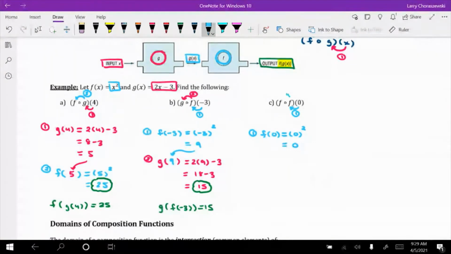And then we're going to plug that value back into the same function. So f of 0, again, which is 0 squared, which equals 0. All right, so f of f of 0 is 0.